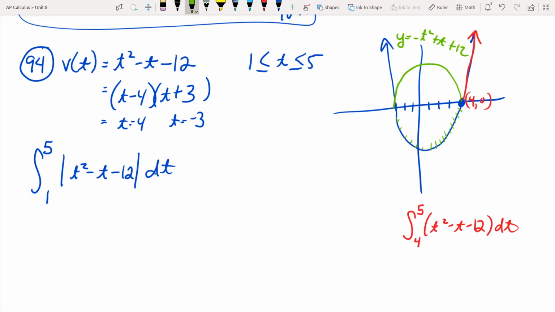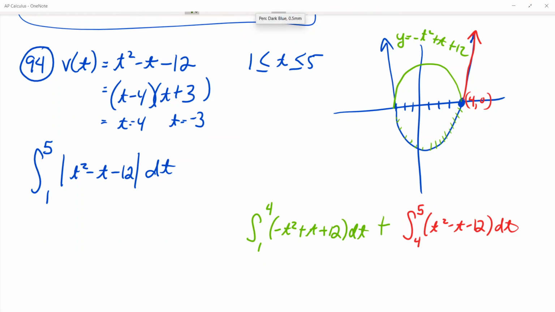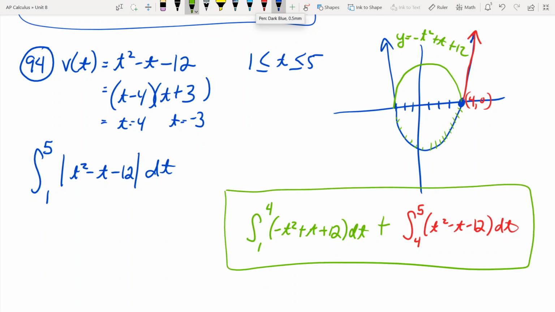Then my integral going from 1 to 4 is of negative t squared plus t plus 12 dt. Those are the two pieces that you would integrate in order to find the absolute value piece under the curve. I hope that makes more sense. A lot of you, as you did the homework, just plugged into the calculator, which is fine. But I wanted you to see the thought process behind setting up the integration when you're taking the absolute value.